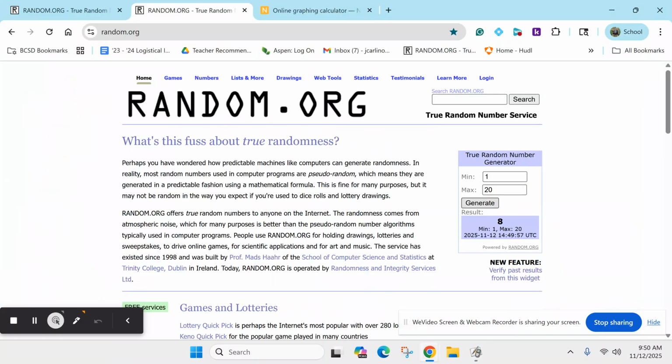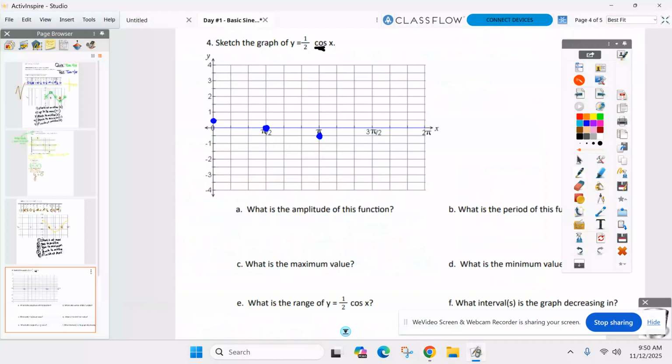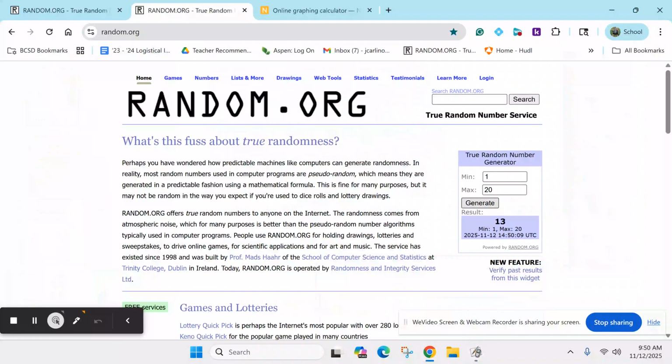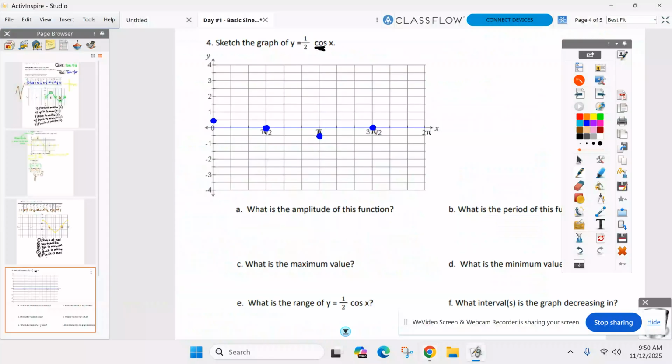Then back to where? Candace, I'm at the minimum. Midline, 0. And then every cosine curve finishes at the max, which for us is 1/2. There it is. Mine is awful. Sorry.